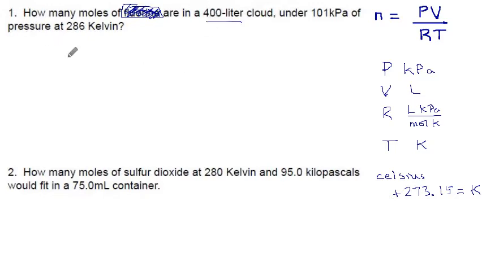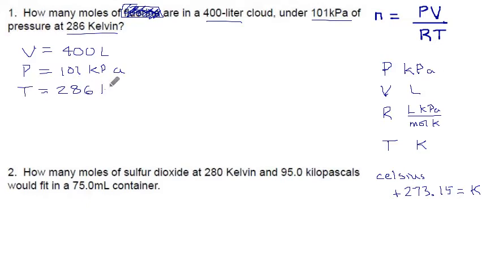They tell us here they have a 400 liter volume. Pressure of 101 kilopascals. Temperature is in kelvins, so we don't have to fix anything. 286 Kelvin.